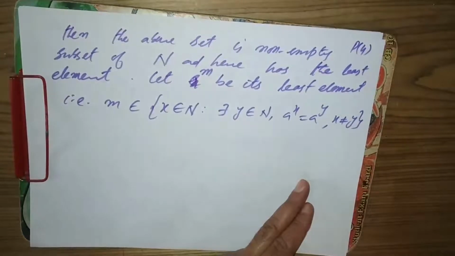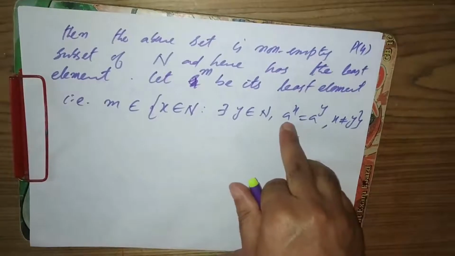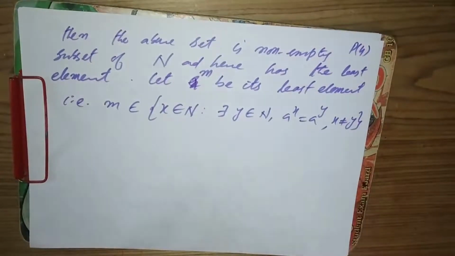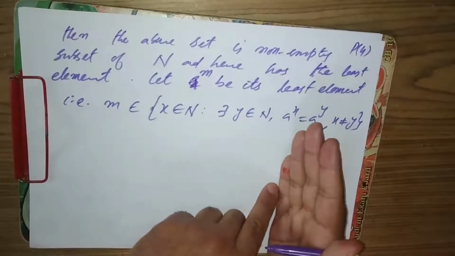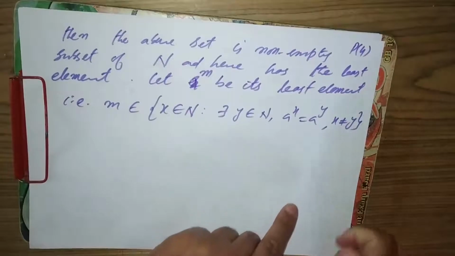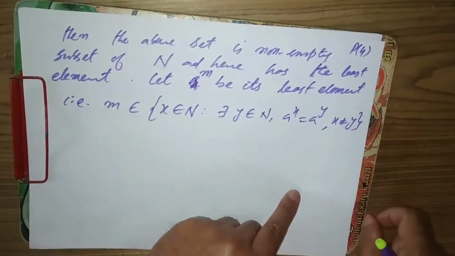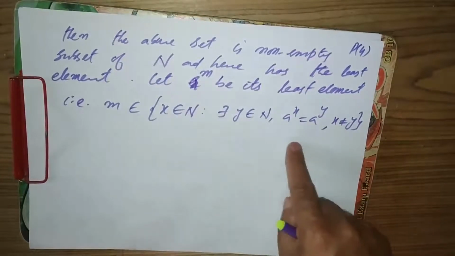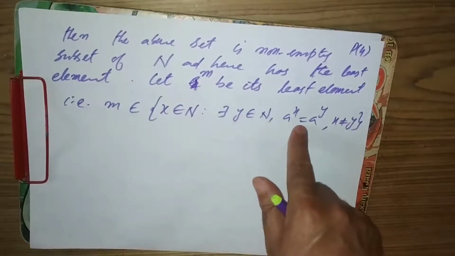Then at some stage, a power M plus something is equal to a power M because of the repetition. So M is the least with this property.